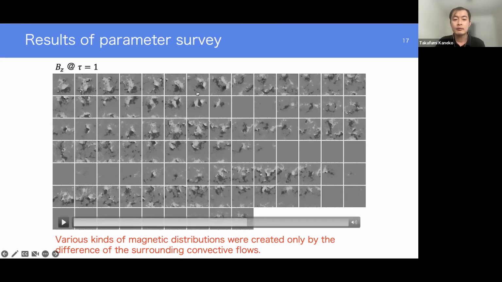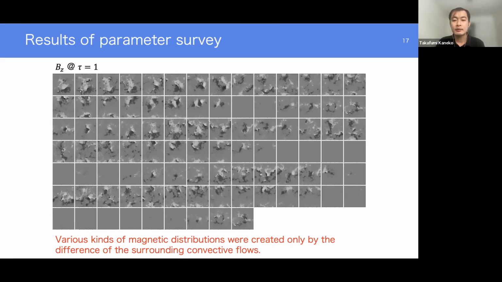Okay, so basically the current resolution is maybe almost the upper limit. If we extend the simulation box 3 times, we need 3 times the numerical resources, and we will have more simulation data.